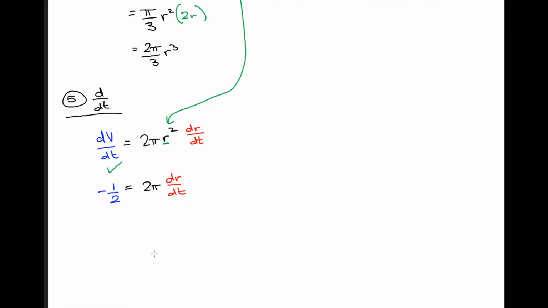Now I just divide both sides by 2 pi, and I will solve for dr/dt. My end result is dr/dt is simply equal to negative 1/(4 pi). The units for this are going to be centimeters per second.